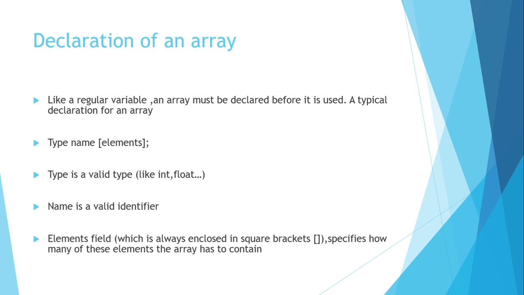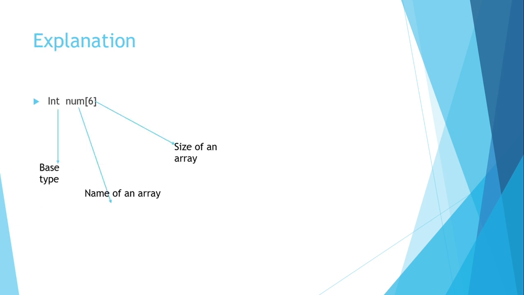The difference is that to determine the array length, we have to use square brackets. Otherwise, it is like a normal declaration. Explanation: for example, integer num in subscript 6. Integer is the data type, and num is the name of the array.